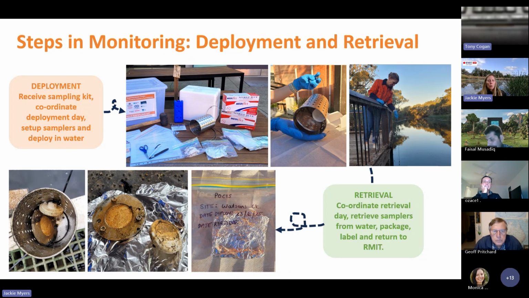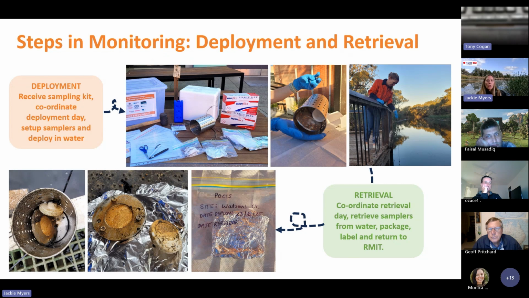Someone in the group will receive the sampling kit containing the passive samplers and all the deployment equipment. You'll gather at the site, set up the samplers into a protective cage, which is shown up the top there, and then deploy them into the water at the designated site, which you can see me doing there.